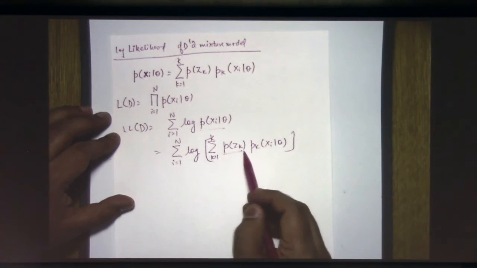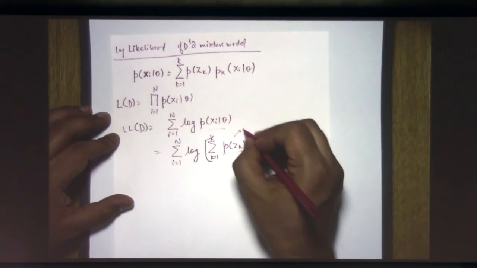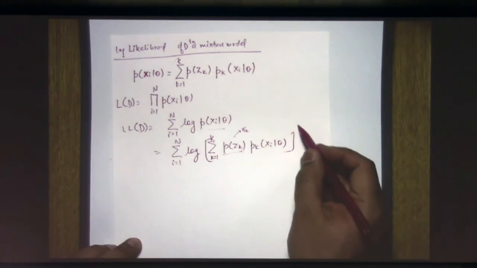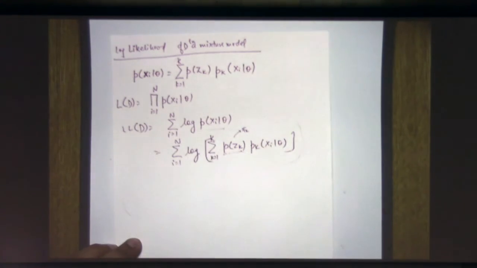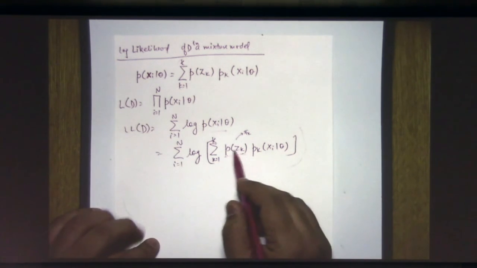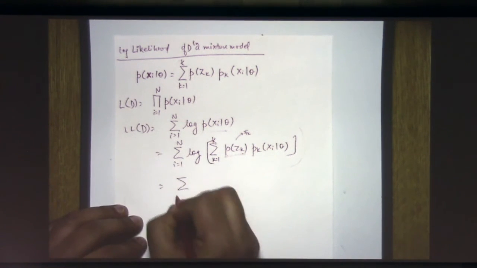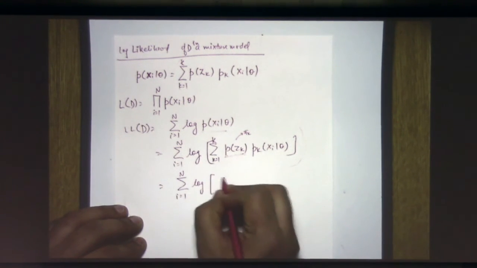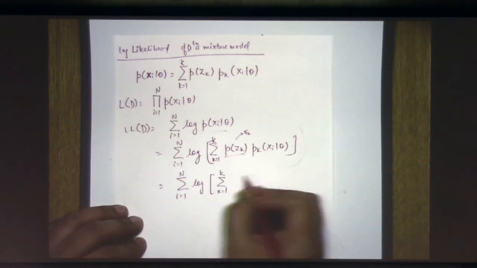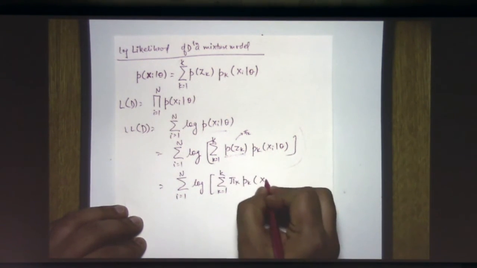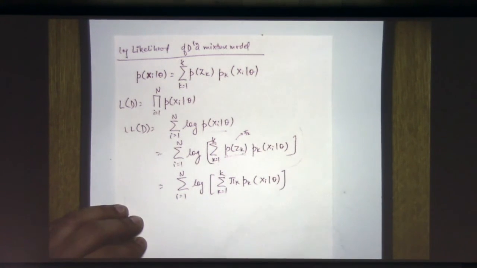Sometimes we also write p of zk as pi k. So this is a multinomial distribution. This is our log likelihood, which I can write like this, with pi k and theta.